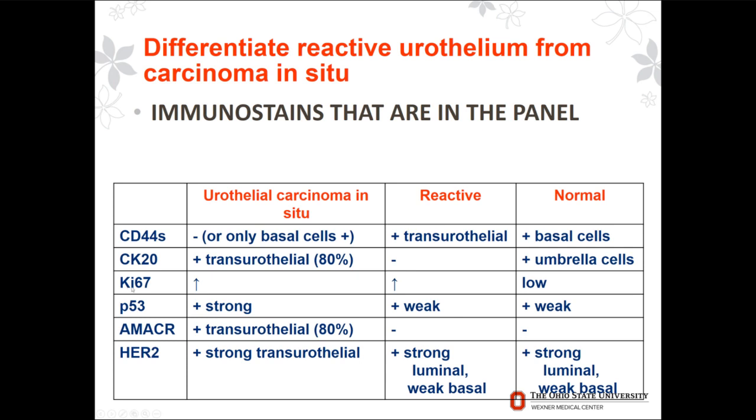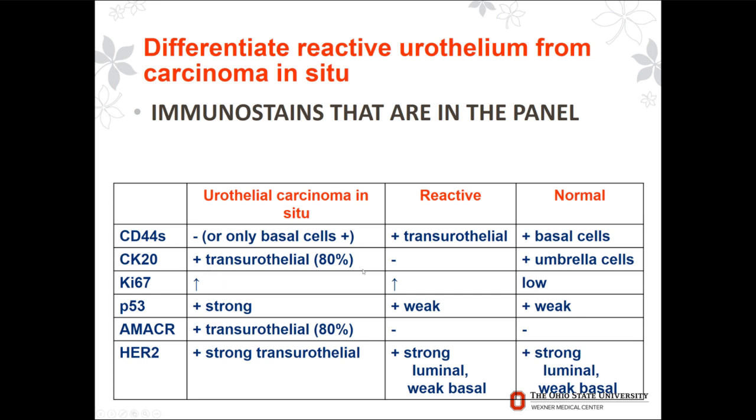CK20, I think, is the most important marker. Normally, it only stains umbrella cells in normal urothelium, and it's negative in reactive urothelium. But in contrast, in urothelial carcinoma in situ, you have a strong staining which is transurothelial.